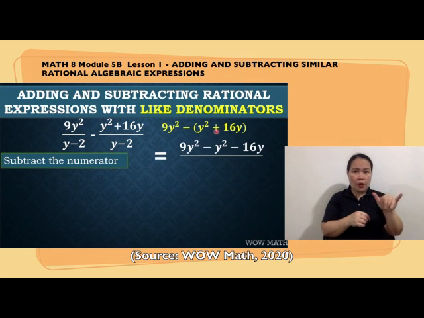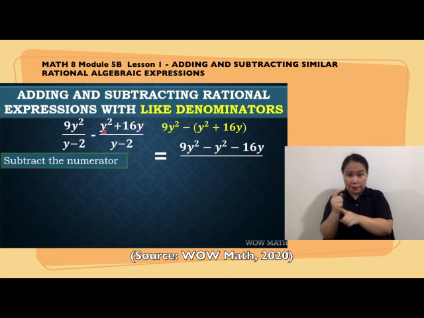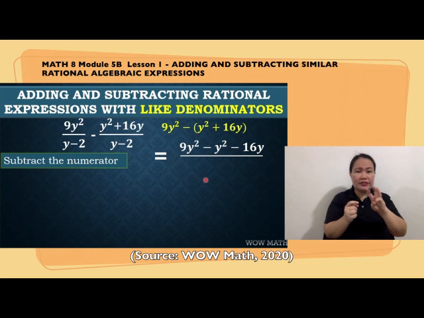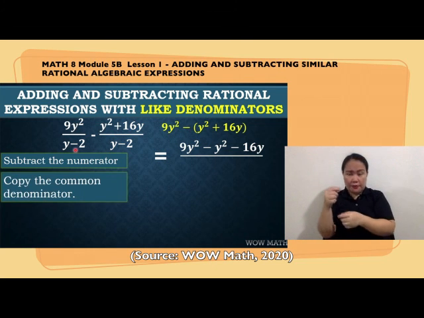So, we will now have 9y squared. Copy nyo lang yung minuend o yung nasa unahan. And then, magiging minus y squared minus 16y. So, since ang operation na natin ay subtraction, change the sign of your subtrahend. The signs of all your subtrahend. So, papalitan natin yan. And then, copy your common denominator.